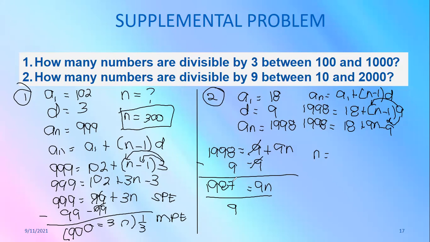So correction lang natin doon, 1989 ito. So divide natin by 9. So that's equal to 221. So ibig sabihin, there are about 221 numbers that are divisible by 9 between 10 and 2,000. Marami rin pala, no? Okay, so questions?